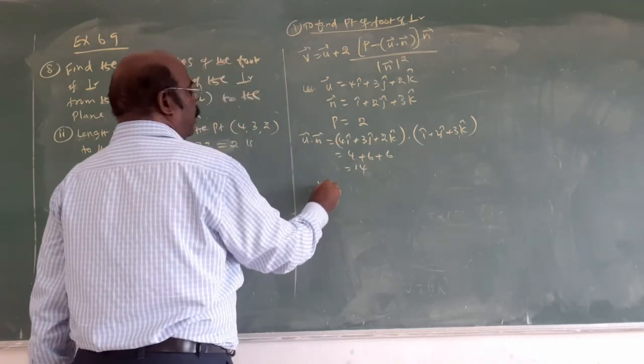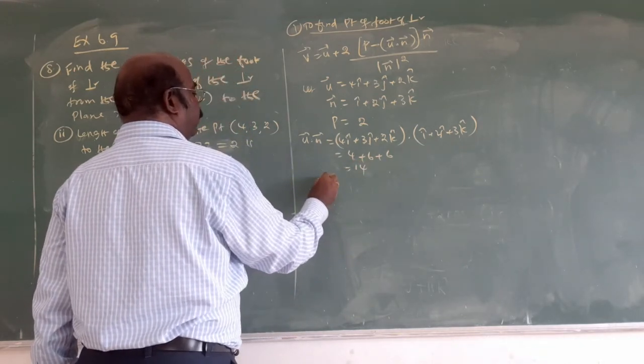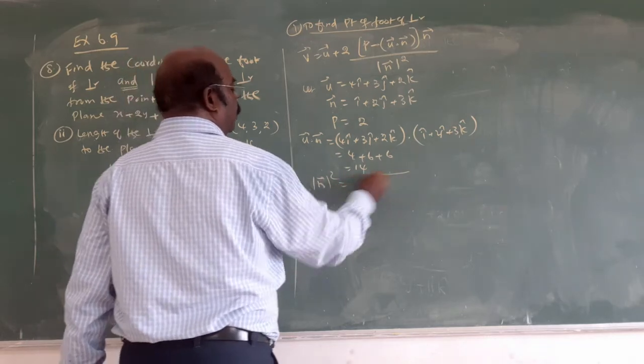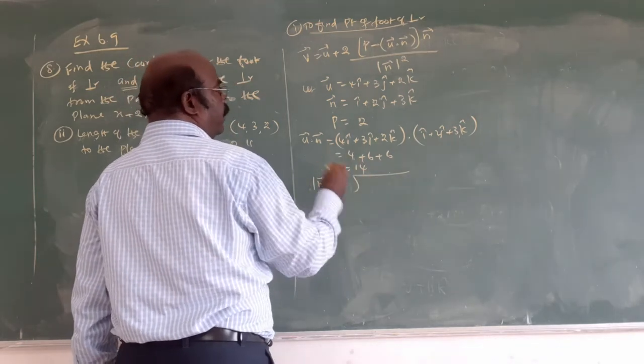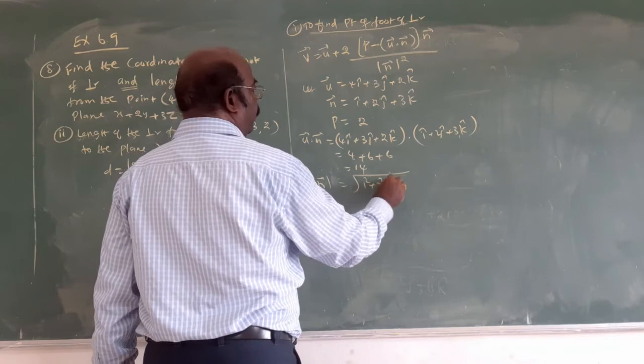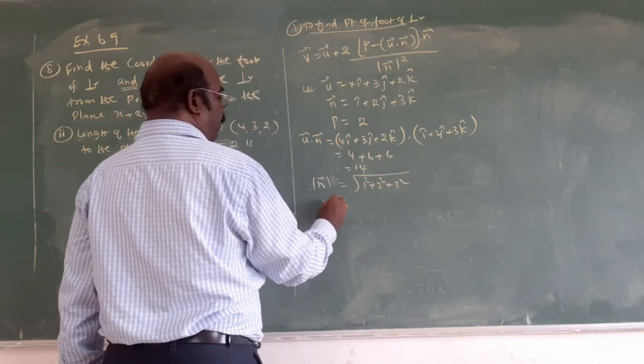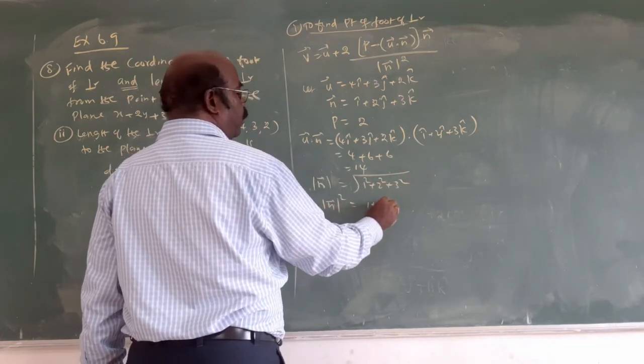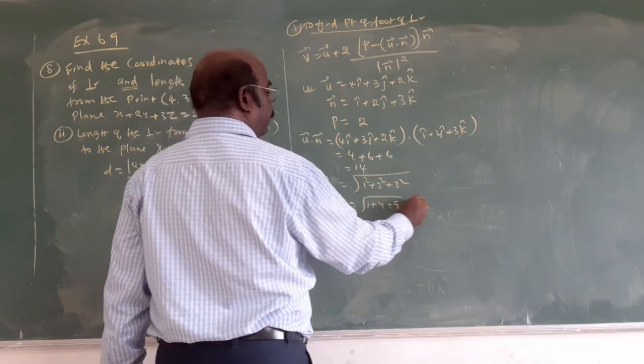Am I right? Then modulus of n whole square, 1 square, 2 square, 3 square. Now modulus of n whole square equal to what? 1 plus 4 plus 9 is 14.